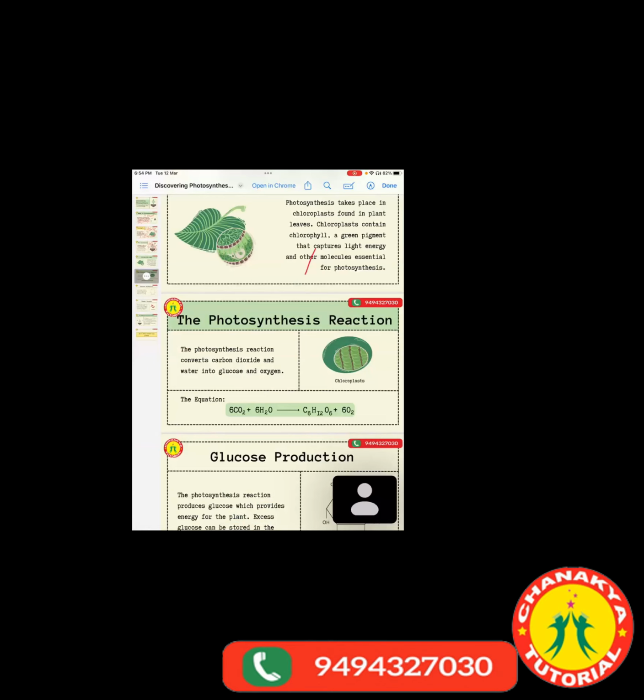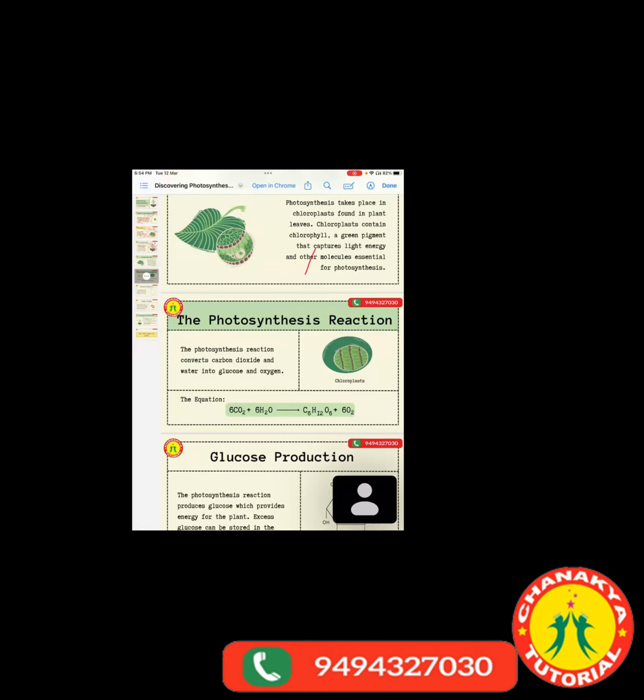If sunlight is much, then the droplets you will not be able to find. So that is what is happening right now. When we are getting more sunlight, transpiration is less. But when less sunlight is there, the rate of transpiration will be more. It is opposite. If sun rays are more, transpiration will be less. If sun rays are less, transpiration will be more.